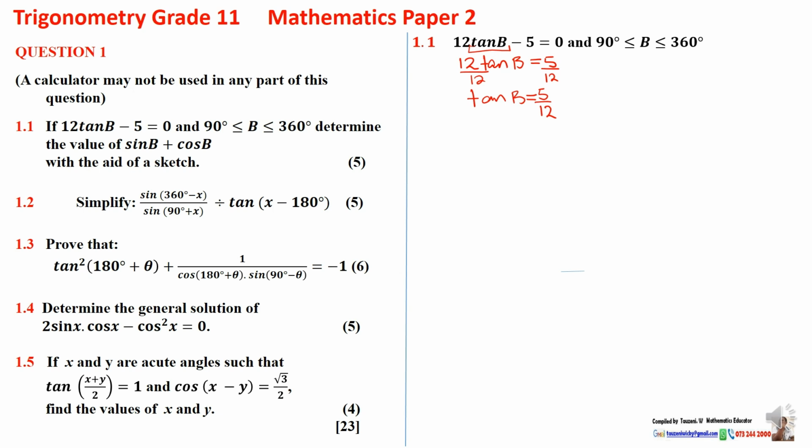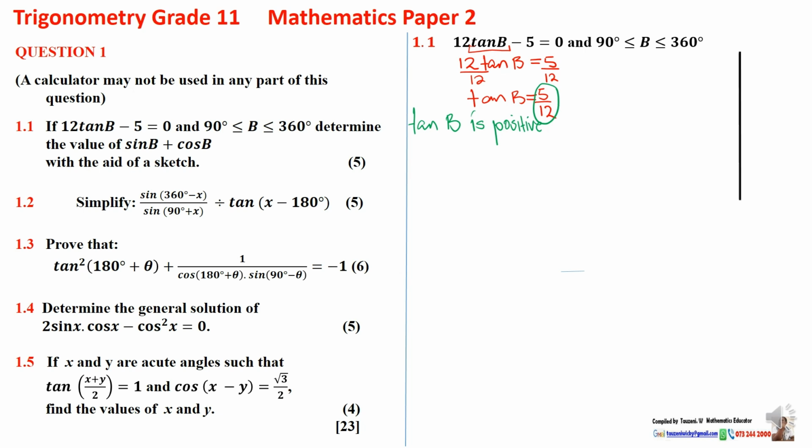We have made tan the subject of the formula. Now we look at this 5 over 12 here. It tells us that the tangent of b is positive. So there is no calculation to do here. You just look at the number to see if it is positive or negative.